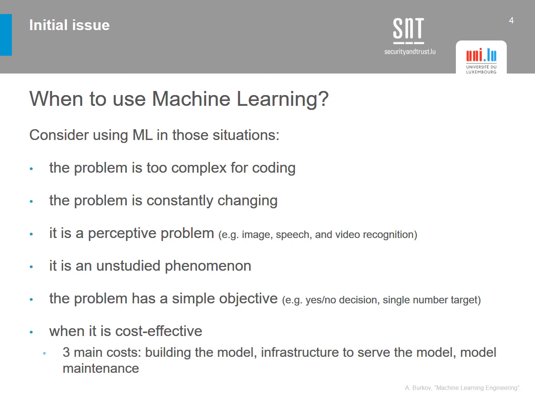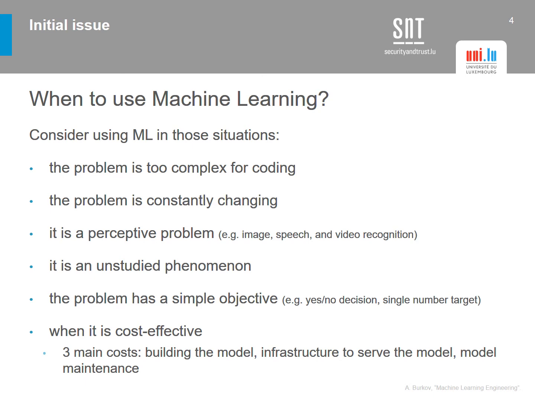Lastly, we can also consider using machine learning in other situations where it is cost effective. In any case, we can solve a task in two ways. One is the traditional way in software engineering, that is by coding. Another way is using machine learning.